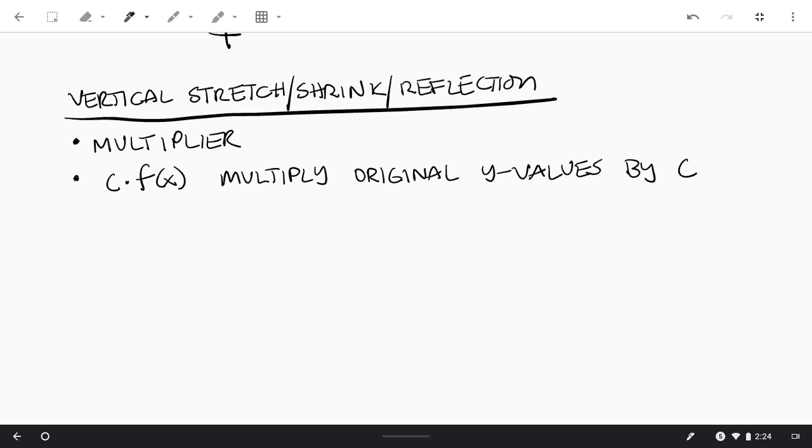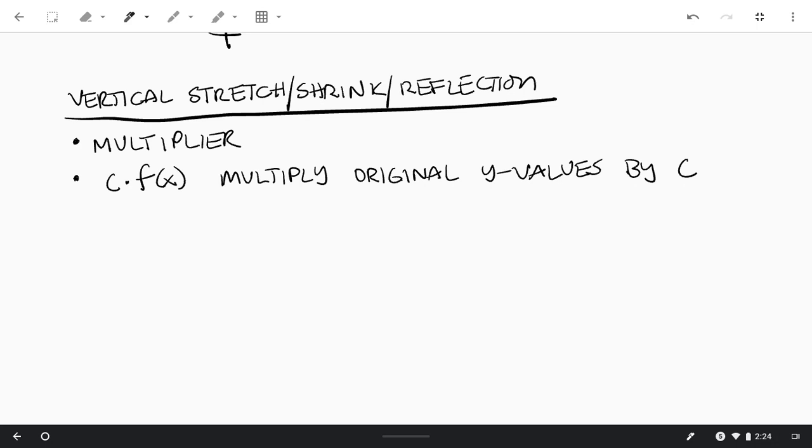Because if you multiply the original y values, but then you shift them to the left and then up, now you've lost track of where your original y values are. So if you have all three of these, the multiplier, the horizontal shift, and the vertical shift, start off with the multiplier.